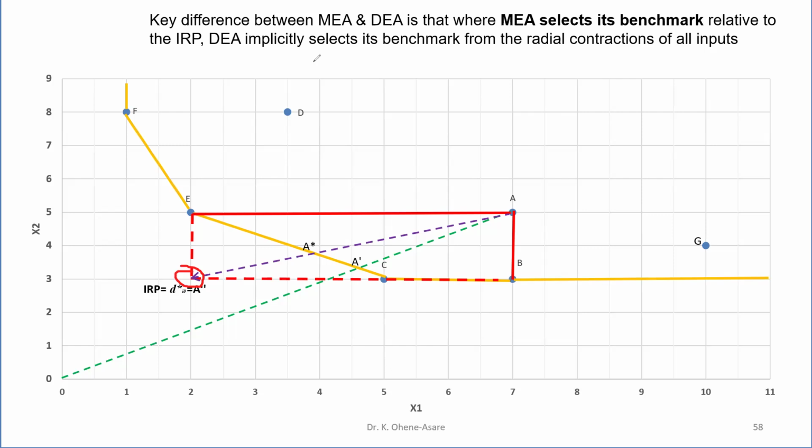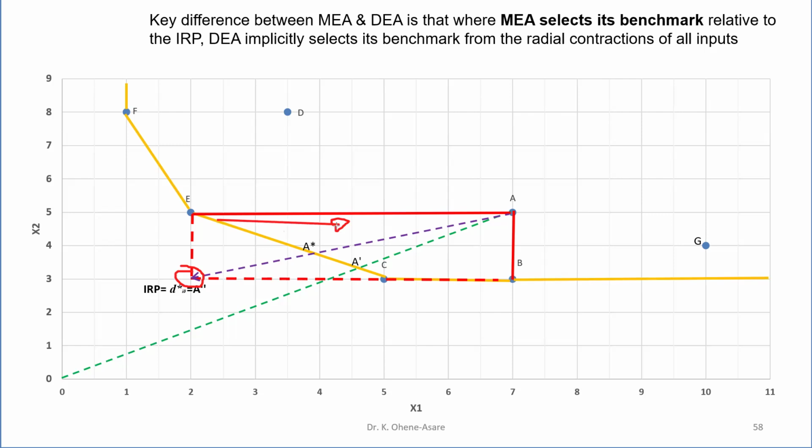Okay, please note that it just happened that it passed through that side. It just happened because if the firm was here, let's say if it was here, and you were drawing that horizontal and vertical line, it would have gone this way. It won't reach E, it will reach somewhere here.